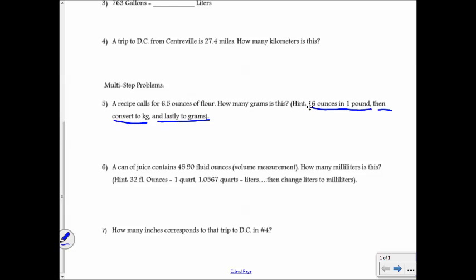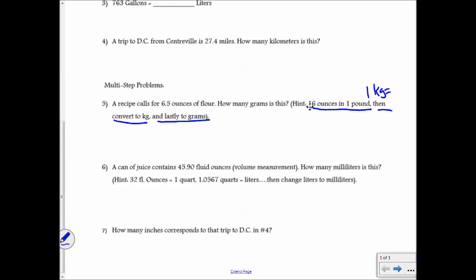So let's recall from above, what is the conversion factor? I believe it's in number 2 or 3 where you're doing kilograms to pounds. It was 1 kilogram equaled what? What was the value there for kilograms to pounds? What was it?